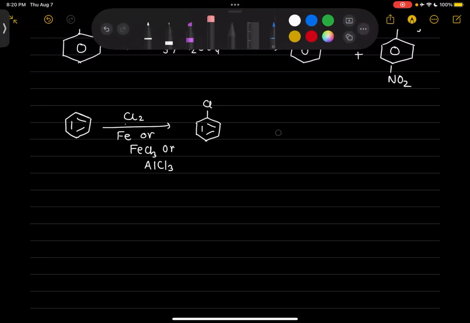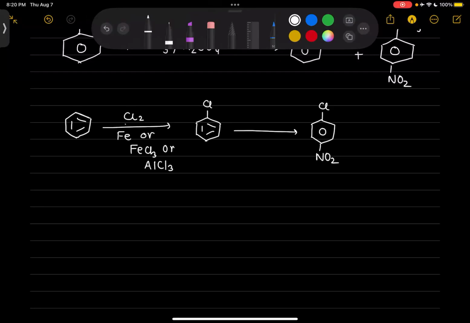Now we have seen how to convert, so what should be the reagent? What are we doing? We are attaching the NO2 group.